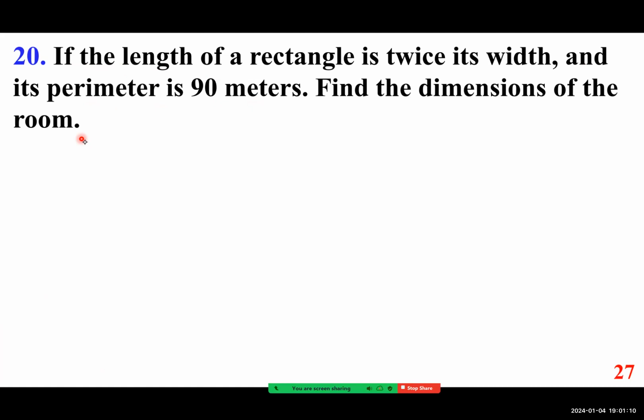Let's draw the setting. So this is a rectangular shape. If this is the width, this is the length. And the length is twice its width. So L equals 2W. And that's important to see.